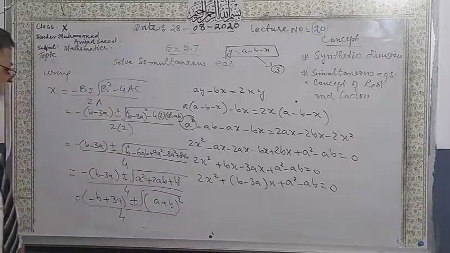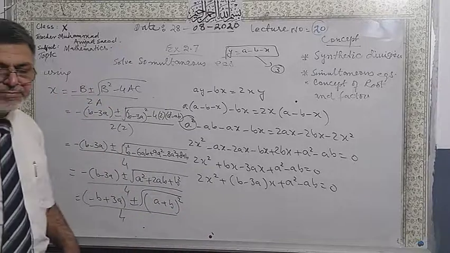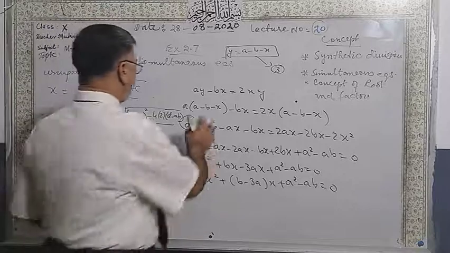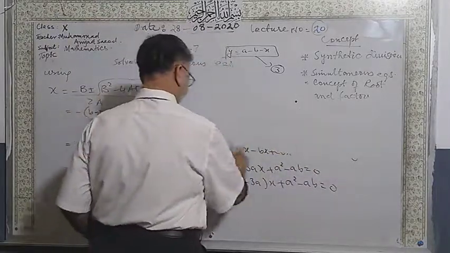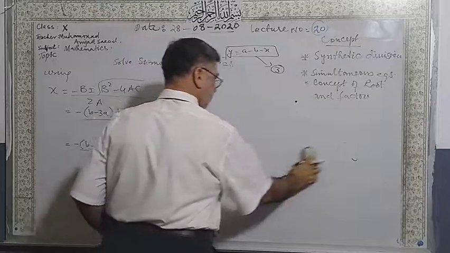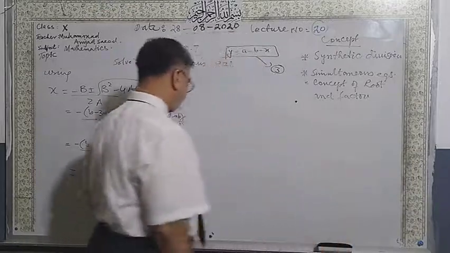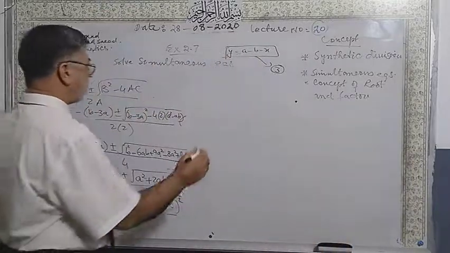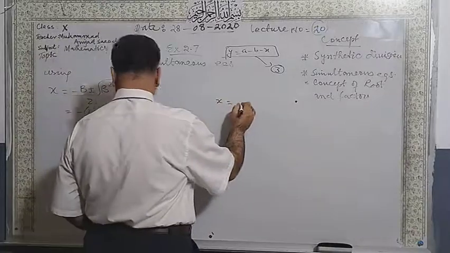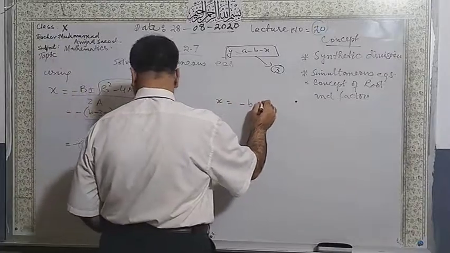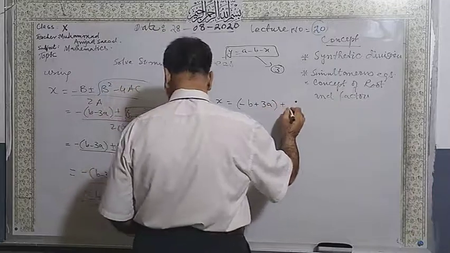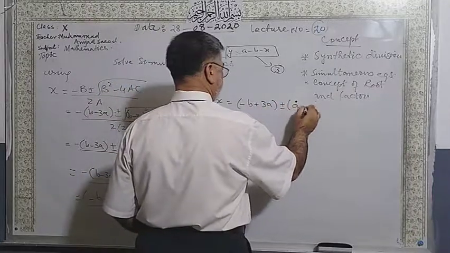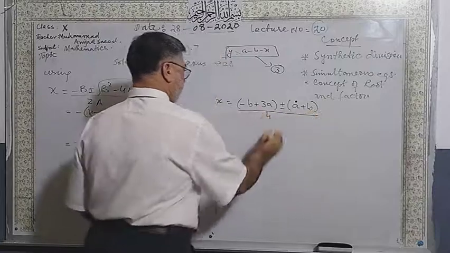After that, now we can rub this part safely. Here x is equal to minus b plus 3a plus minus a plus b over 4.